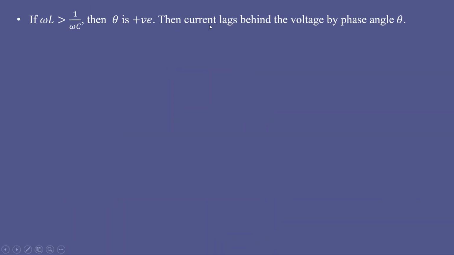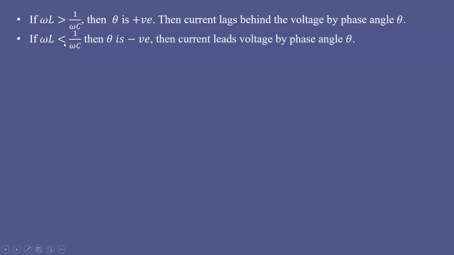Theta positive means the current lags behind the voltage by phase angle theta, because the phase of the current is omega t minus theta. If theta is positive, it is lagging behind the voltage by angle theta.